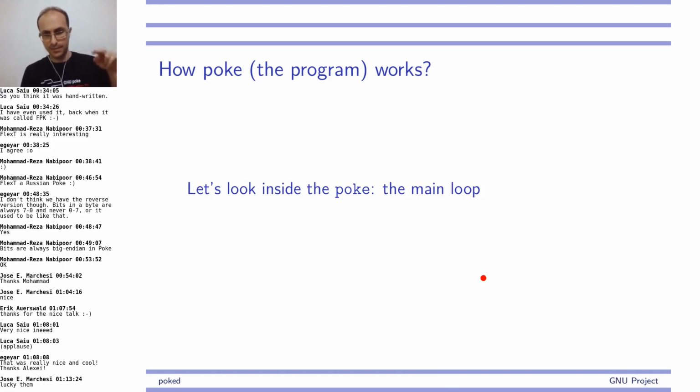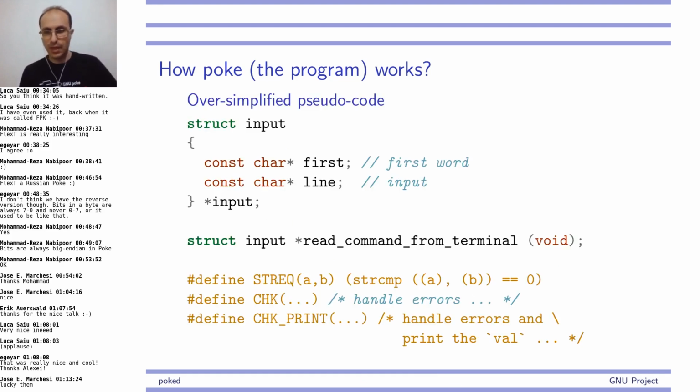Okay, let's dive into the code. This is oversimplified pseudo code for the poke program, not libpoke. Imagine that we have a function called read_command_from_terminal. It gives you a malloc-allocated pointer to this imaginary structure.